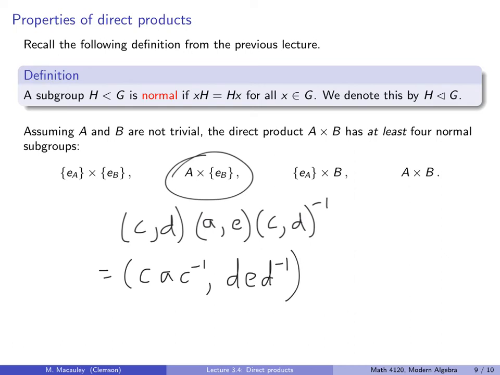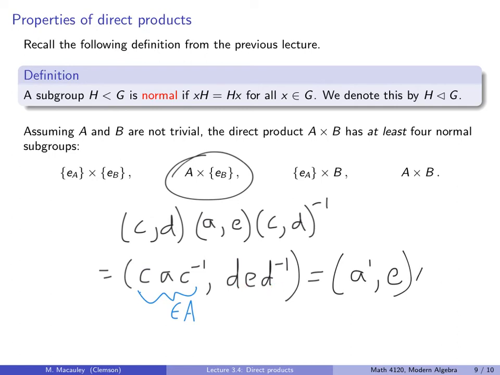inverse. And then what do we know about these elements? So this first element is obviously in A, because A and C inverse are in A. And A is a group. So this thing is in A, and this second element is just the identity of B. So we can write this as something in A, let's call it A prime, with the identity in B. And again, we can do that because we know this is in A, and the second one, of course, is the identity.